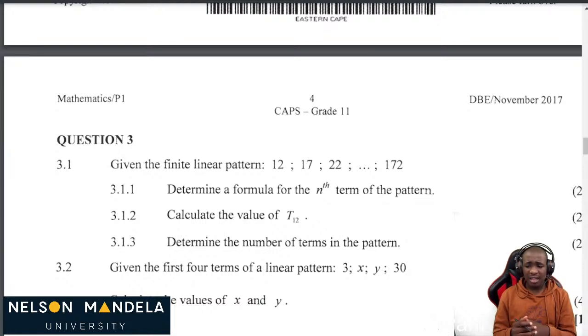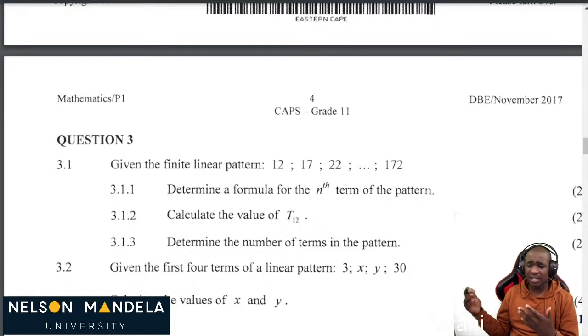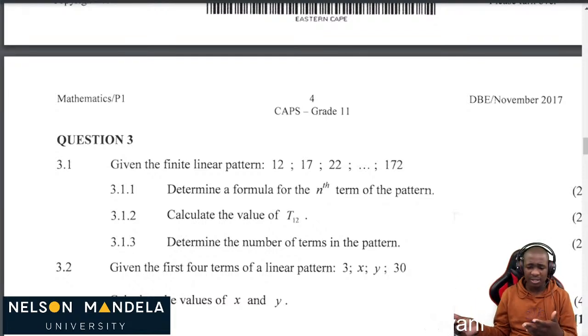Then 12 minus 6, you get 6. There is no constant difference there. Then maybe for the third term, it's 18 for instance. When you say 18 minus 12, you get 6.